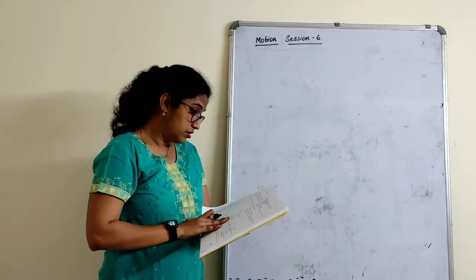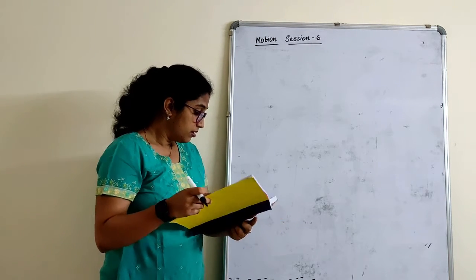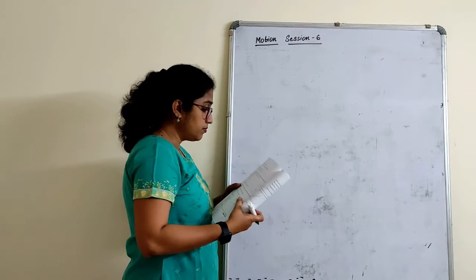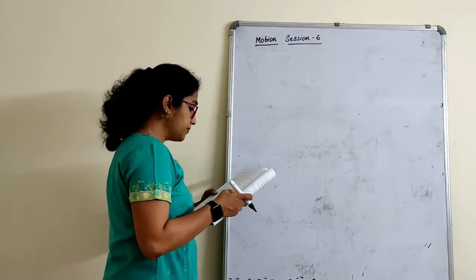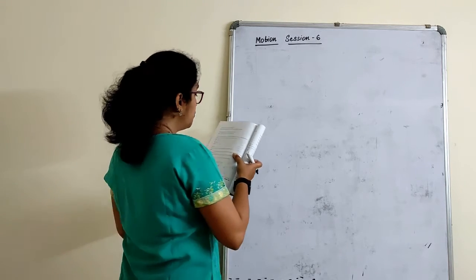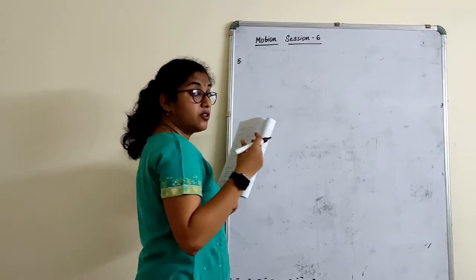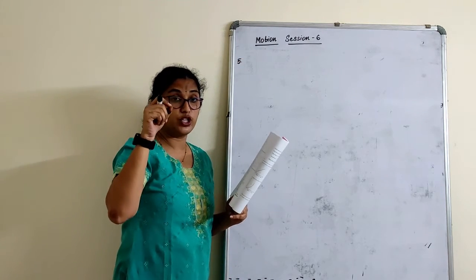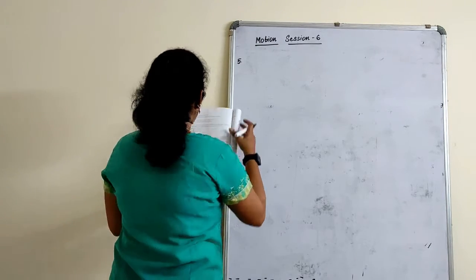Okay, now the next sum. During an experiment, a signal from a spaceship reached the ground station in 5 minutes. What was the distance of the spaceship? I am just writing the question number. These are all, again I am repeating, in-text questions which are given in blue or pink color in your textbook.